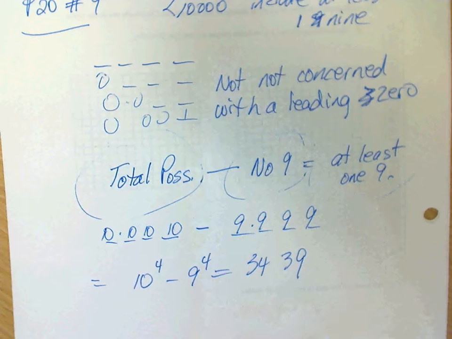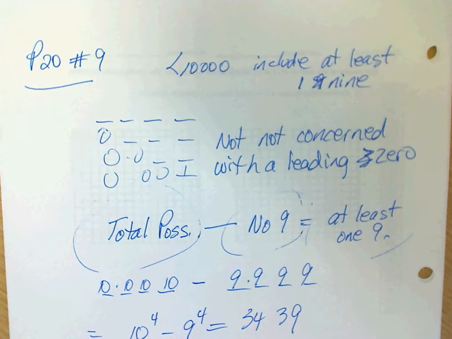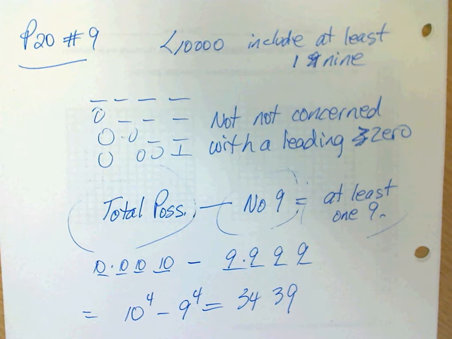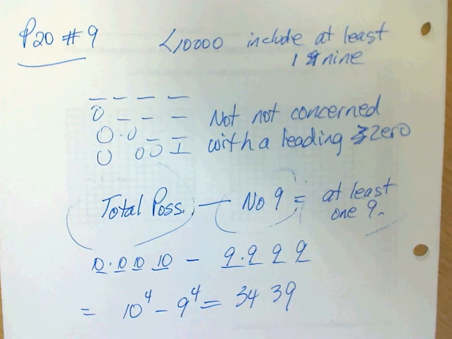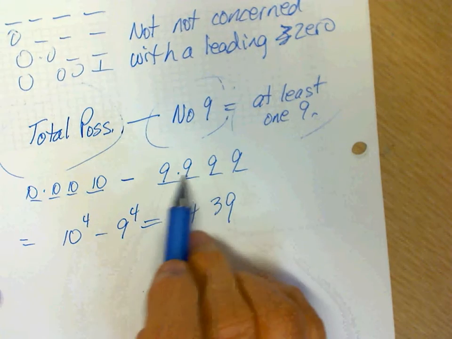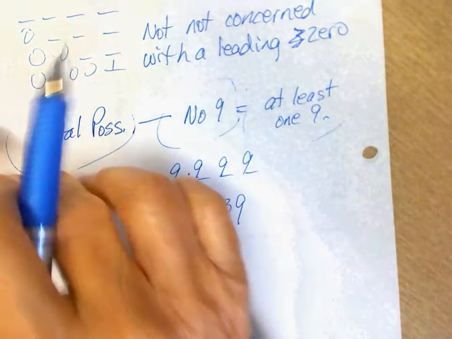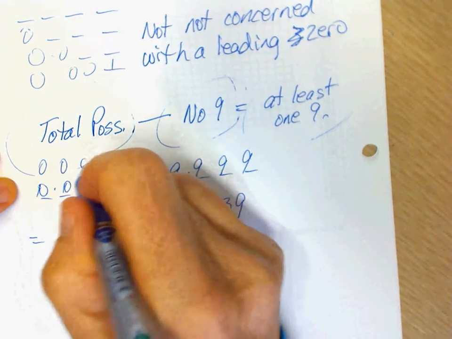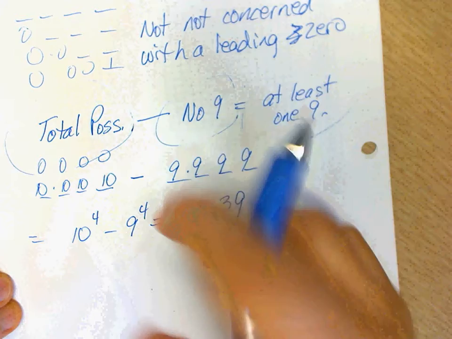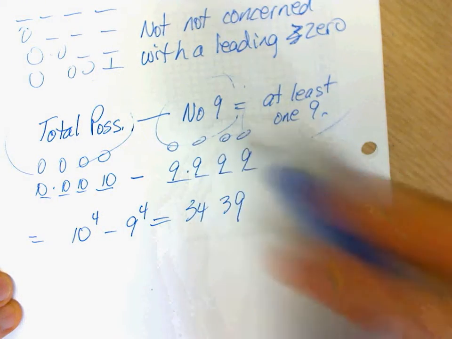Can I explain anything better than that? So in this case you regard 0 as a natural number. No, because in effect it is subtracted here. This possibility could include 0, 0, 0, 0, and so could this one, because we didn't eliminate any zeros in this one.